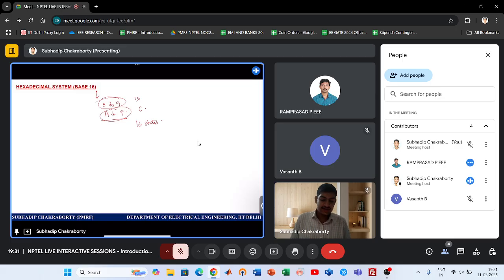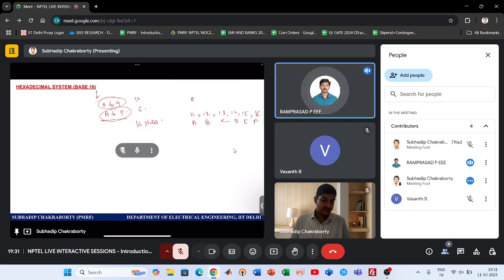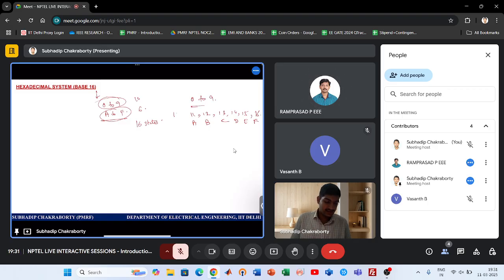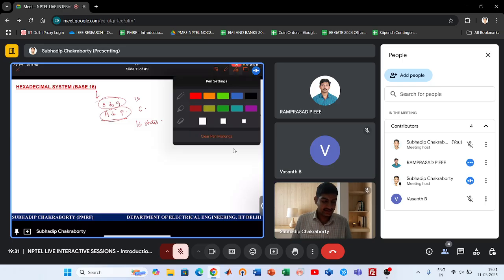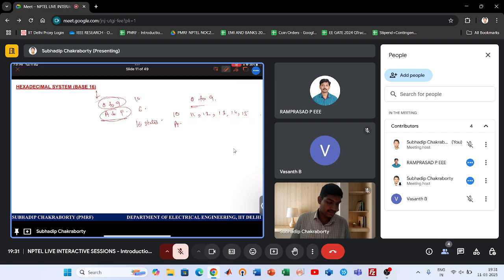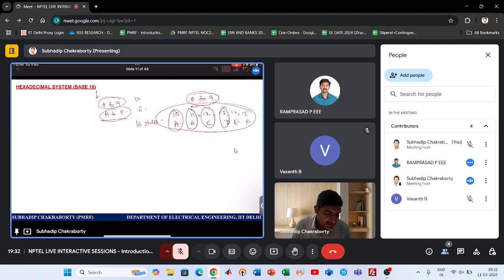So what you do is encode 10, 11, 12, 13, 14 and 15 as A, B, C, D, E, F. They are just representations. 10 represents A and 15 represents F. So 0 to 9 we have the same values, and then A, B, C, D, E and F, 6 values in the alphabetical representation, but they still hold these values, up to 15. So these are the hexadecimal representations.